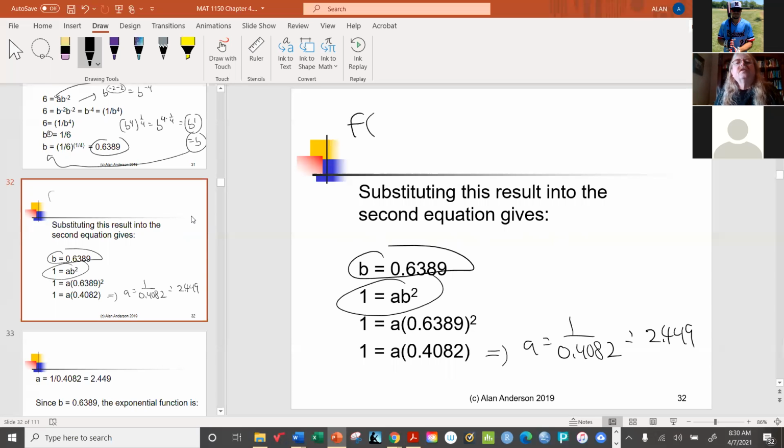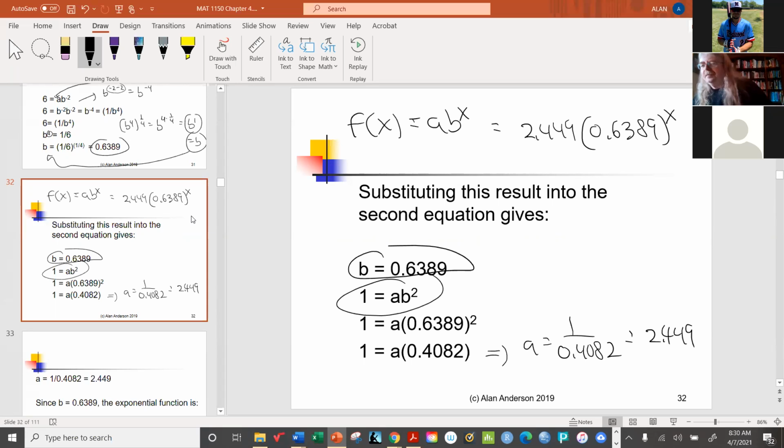And since the original equation that we're looking for is ab to the x, that means we have 2.449 times 0.6389, all raised to the x power. And we're done. We've identified it. Now, that was a lot messier than when we solved for a linear equation with 2 points, but it works. It works in exactly the same way.